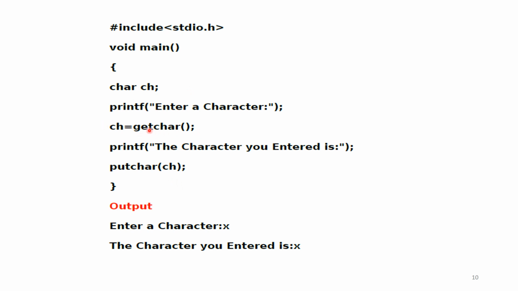To read a character, here the getchar function is used, and the data type of the variable is character data type, and the character read using the getchar function will be displayed on the screen using the putchar function. The parameter inside the function is the variable name ch, whose data type is character data type.